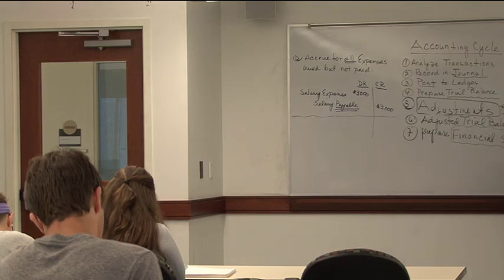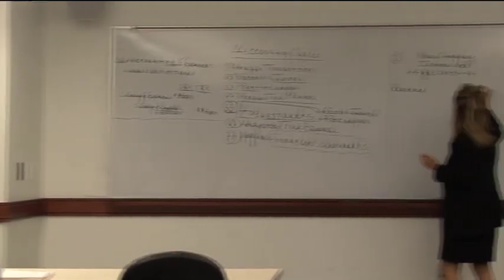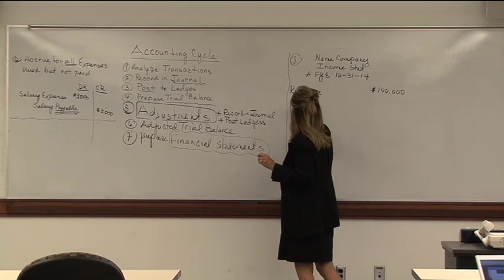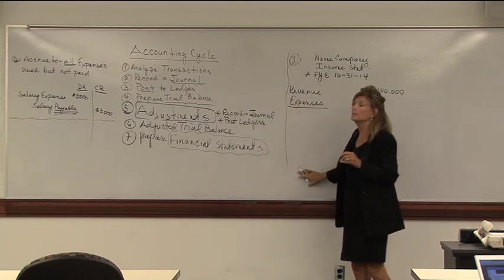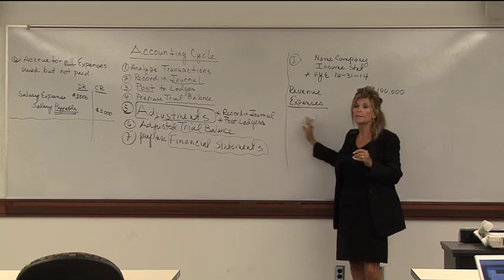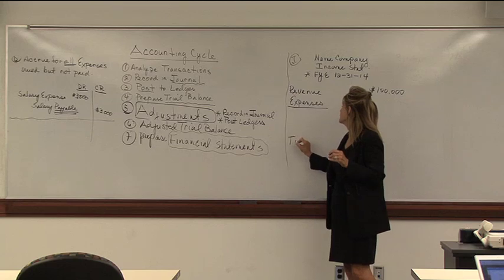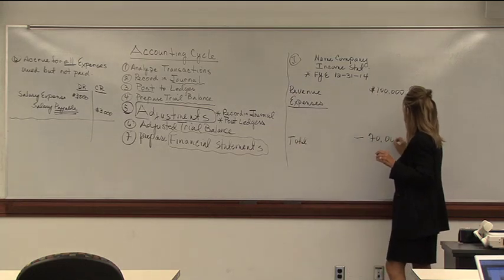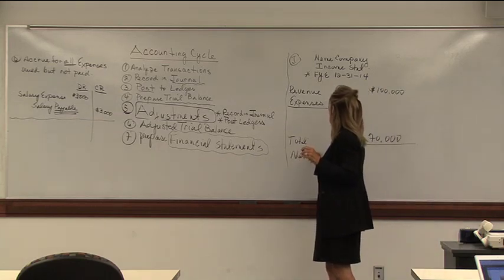You start with your revenue. Okay, so let's pretend this company had revenue of $100,000. You then list all of your expenses. Anything with the last name expense. I don't care what the first name is. Rent expense, salary expense, utility expense goes here. You get your total expenses. And let's pretend the total expenses were 70. And that would give you your net income or profit.